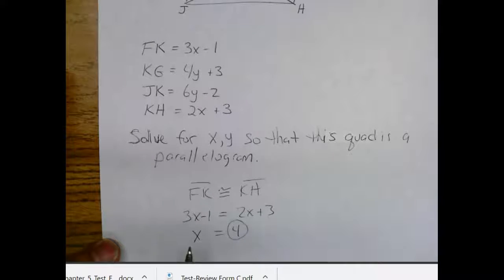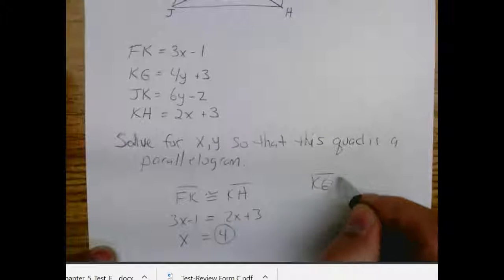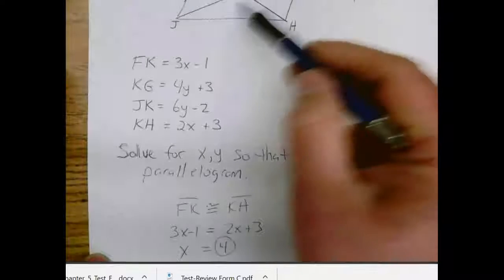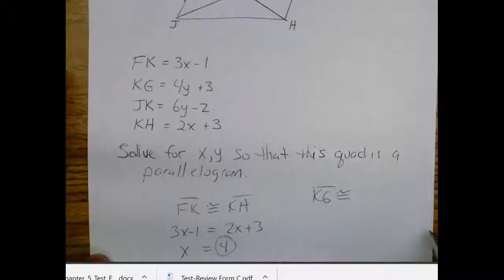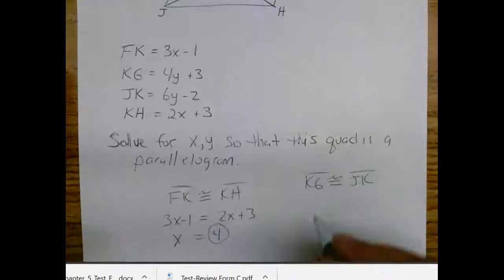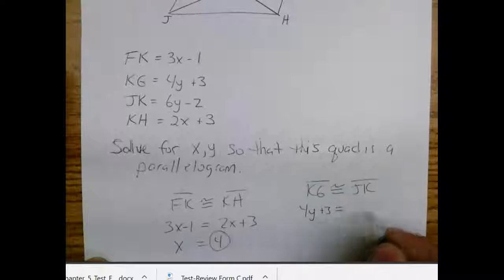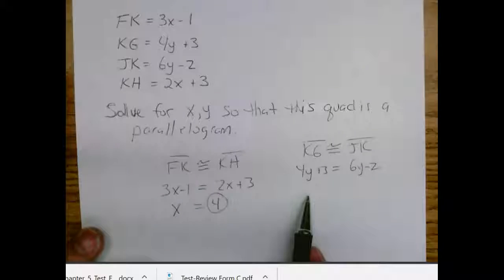And then we'll solve the other one for y. So KG is congruent with JK. We plug them in. 4y plus 3 is equal to 6y minus 2. Solve for y.